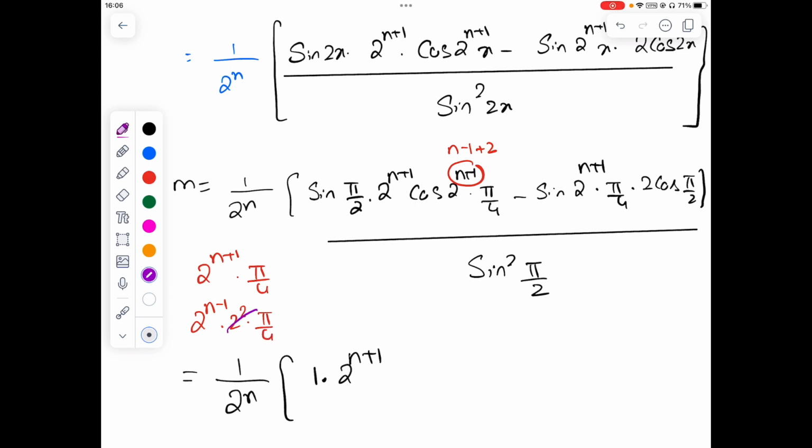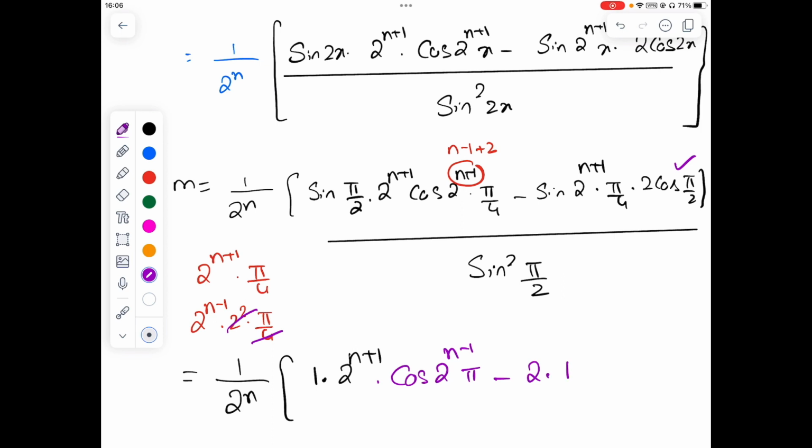The 4 gets cancelled. This entire thing will become cos of 2 power n minus 1 pi, minus 2 cos pi by 2. Cos pi by 2 is 1.